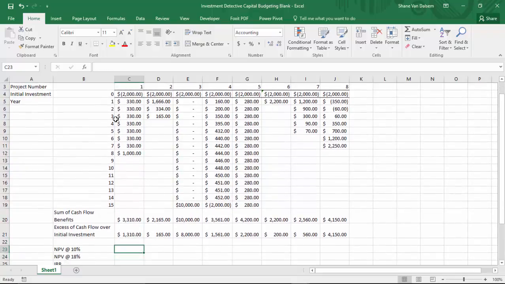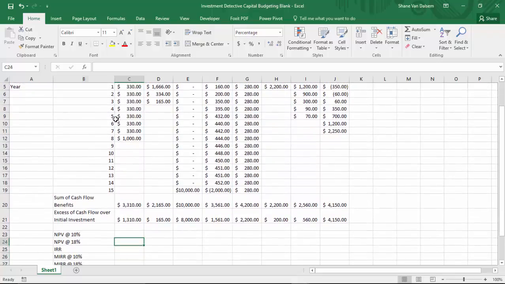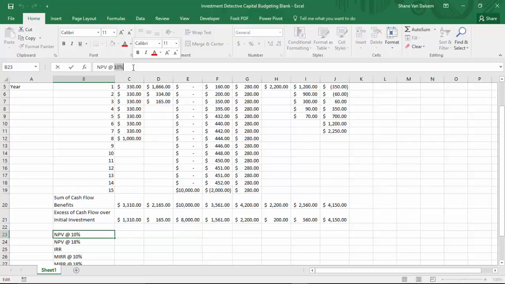And from that we can calculate the NPV, and I put 2 amounts in here at 10% and at 18%, so you could see whether or not the project would be acceptable at 10% and whether or not it would be acceptable at 18%, and those are the weighted average cost of capital.